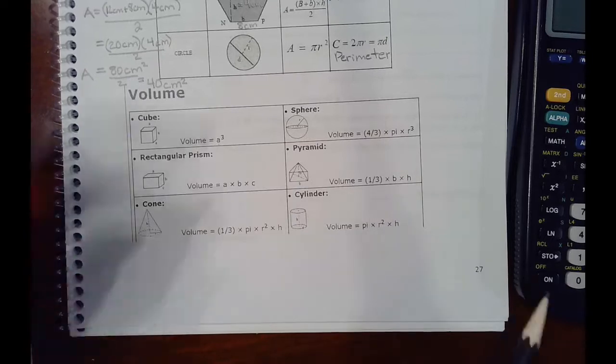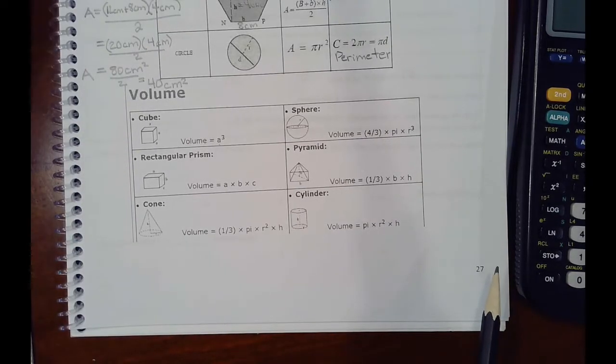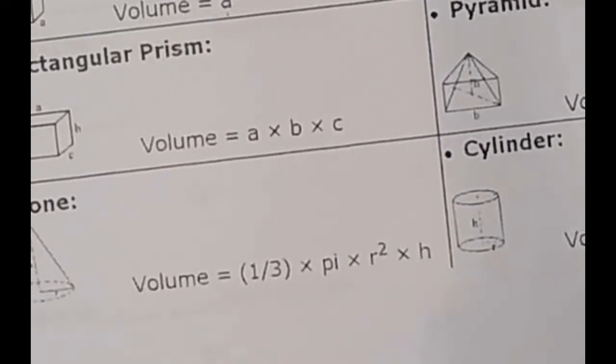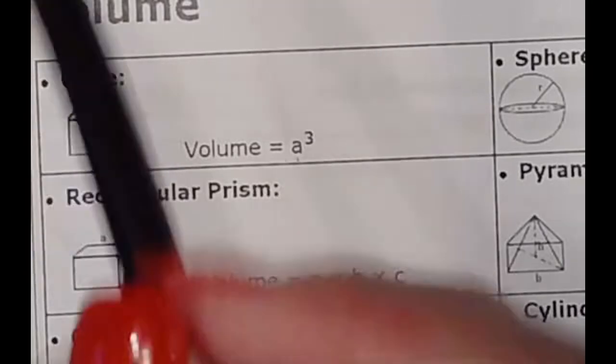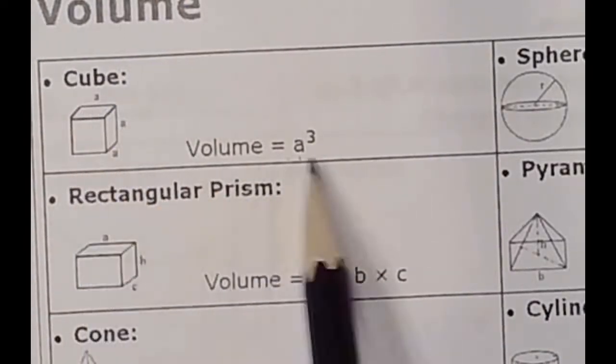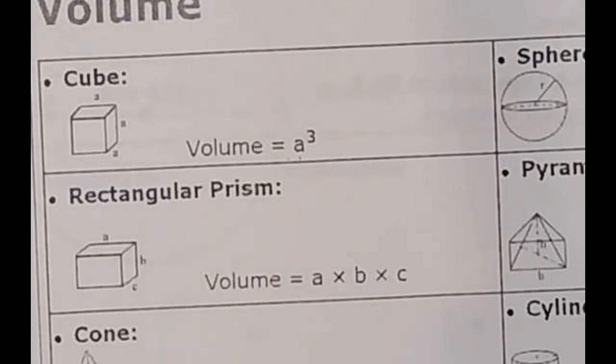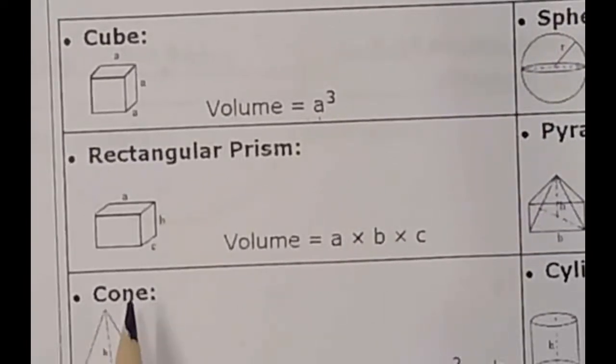So we have volume here for a cube is just whatever the side is, because the sides here are A, and you can't see that very well, but I'll blow it up a little bit. See that each side is called A, so when you want to do the volume, it's just A cubed. This is a rectangular prism because the base is shaped like a rectangle.